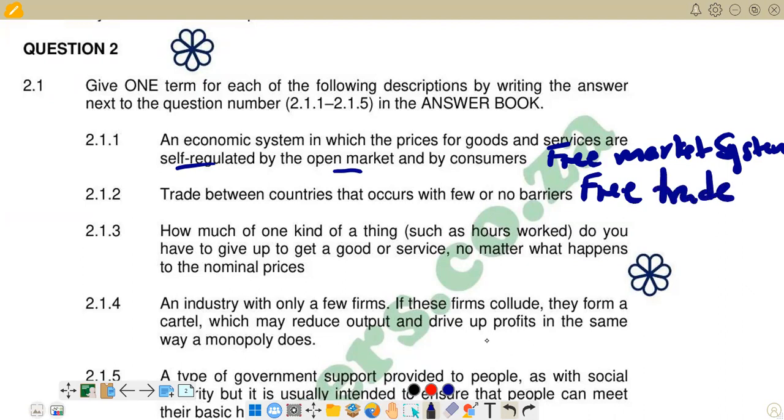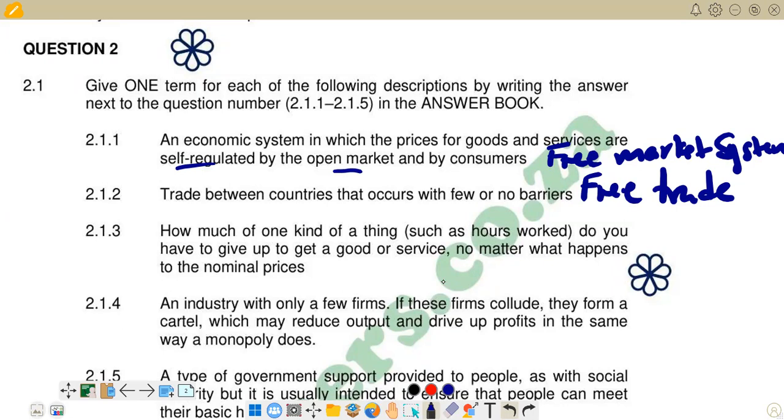Then we go to the next one, which says how much of one kind of a thing, such as hours worked, do you have to give up to get a good or service, no matter what happens to the nominal prices. This explains the real prices. As we know, real prices are the values we use in reference to a base year, adjusted for inflation.